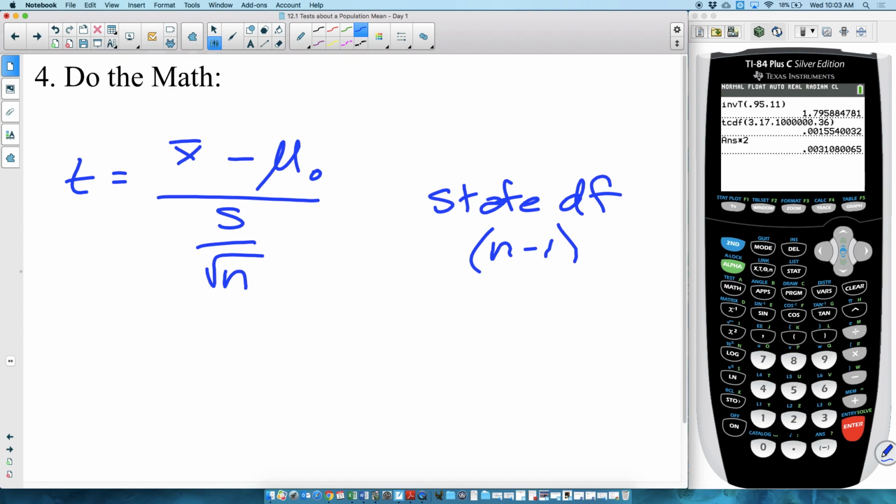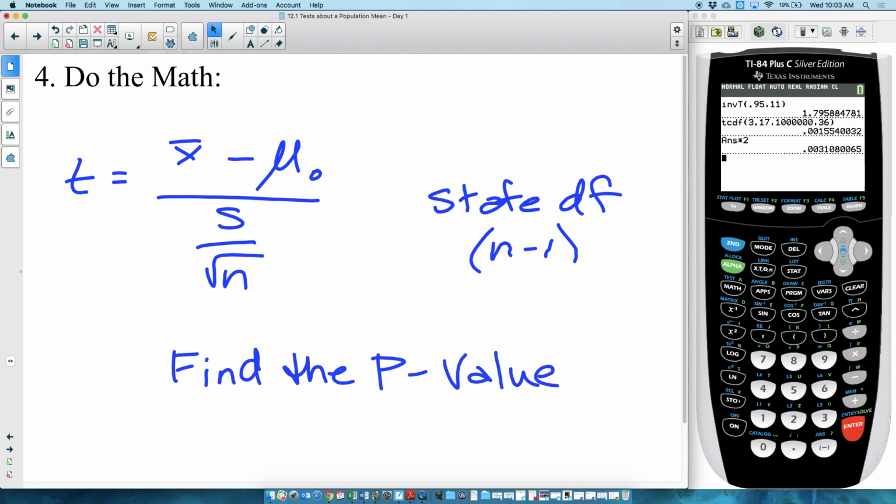And if it's a not equal to test, then you have to do TCDF and double it. So I just run the test. And I can show you again how I do that in just a sec. And then my favorite part is over so fast, and we're back to lots of writing.